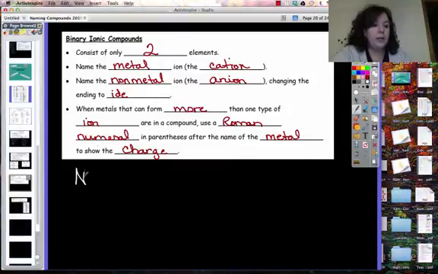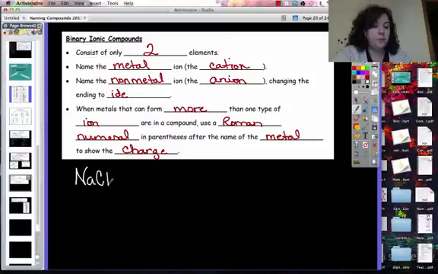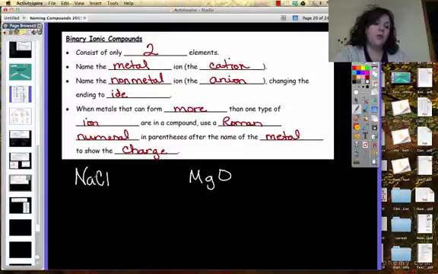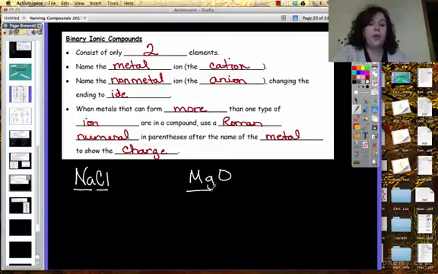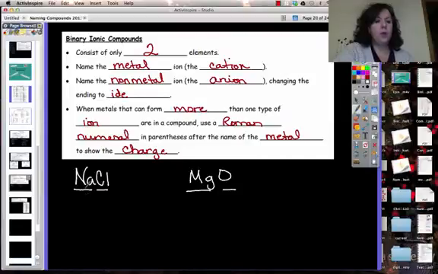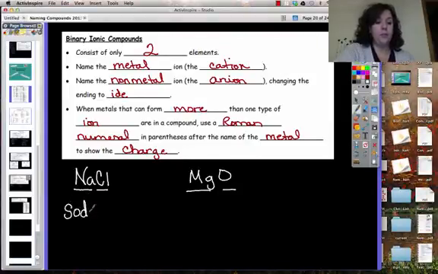If we have NaCl and we have MgO, let's look at the first one. These are binary because we have 2 elements, Na and Cl, Mg and O. NaCl right here. We're going to take the first one and name it. So the first one is just sodium.